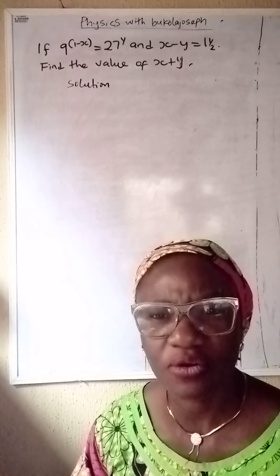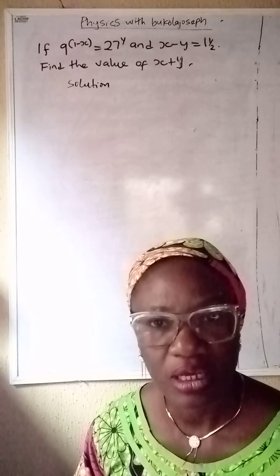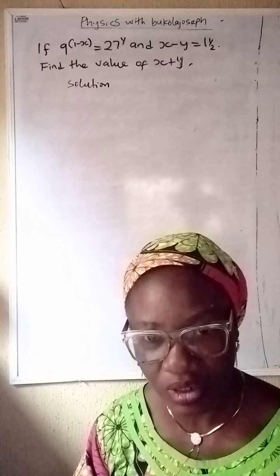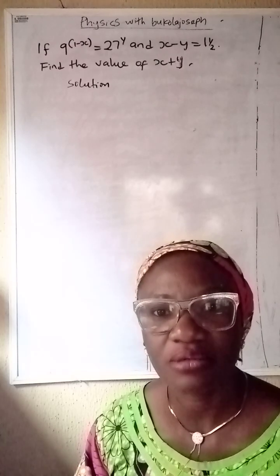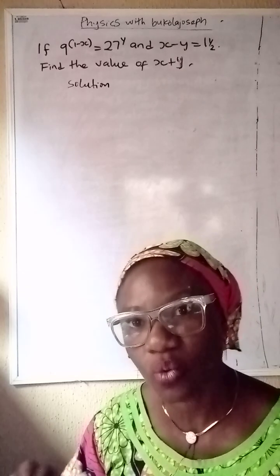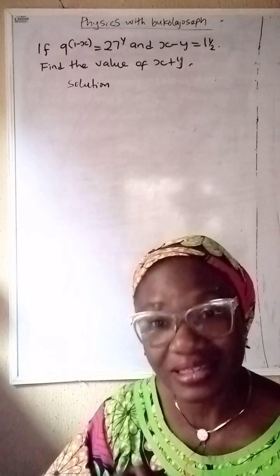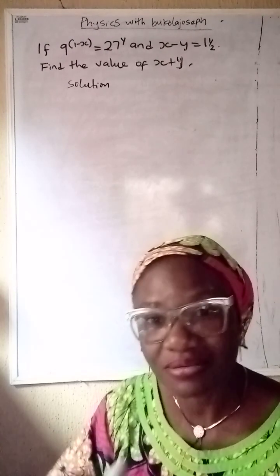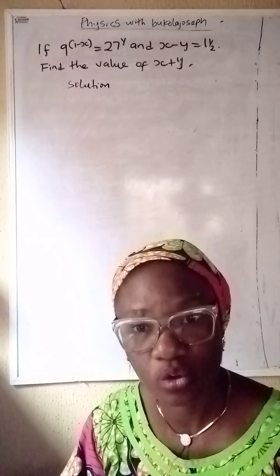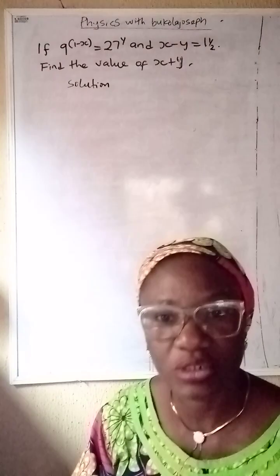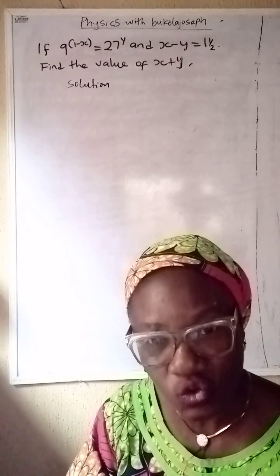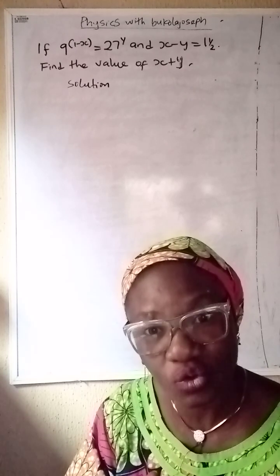So now, given this kind of question, the first thing we need to do is to bring out the question first. When you bring out the question, you simplify the first one and make it equation one, and then you simplify the second equation given and name it equation two. After that, we are going to merge the two equations.